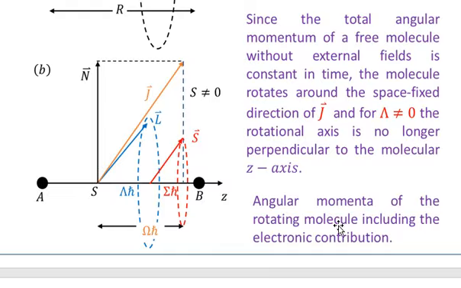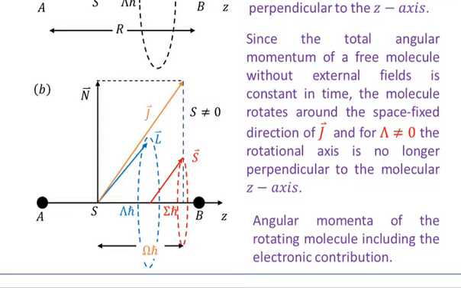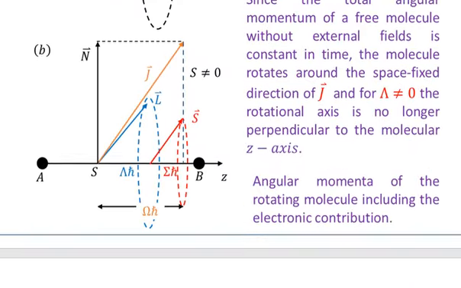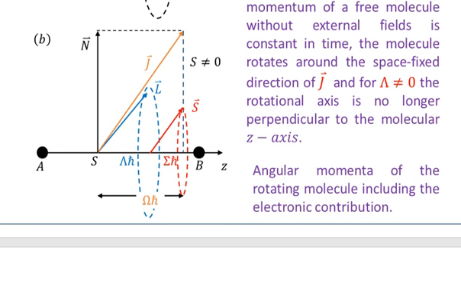Angular momentum of the rotating molecule, including the electronic contribution, is shown in these two diagrams. In the first diagram, the capital S, that is the total spin, was equal to 0. And in the lower diagram, part B, the total spin is not equal to 0.